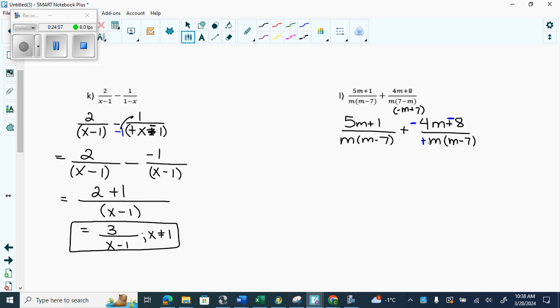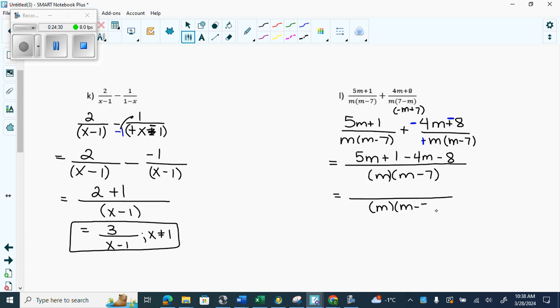So we actually have 5m plus 1 minus 4m minus 8 over a common denominator, m minus 7. 5m minus 4m is m. Plus 1 minus 8 is negative 7.